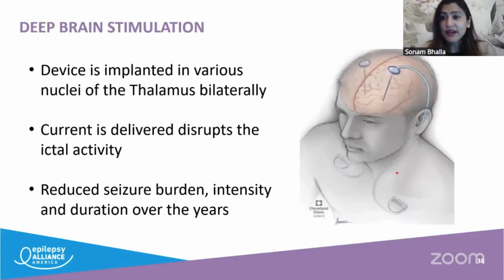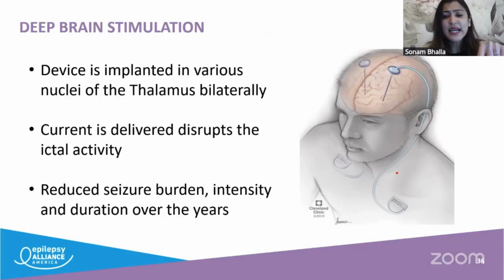There is another device called DBS, or deep brain stimulation, which works similarly to the vagal nerve stimulator, but more advanced in the sense that with the vagal nerve stimulator, your vagus nerve really carries the current to the thalamus. Here you're implanting an electrode directly into the thalamus in the brain.